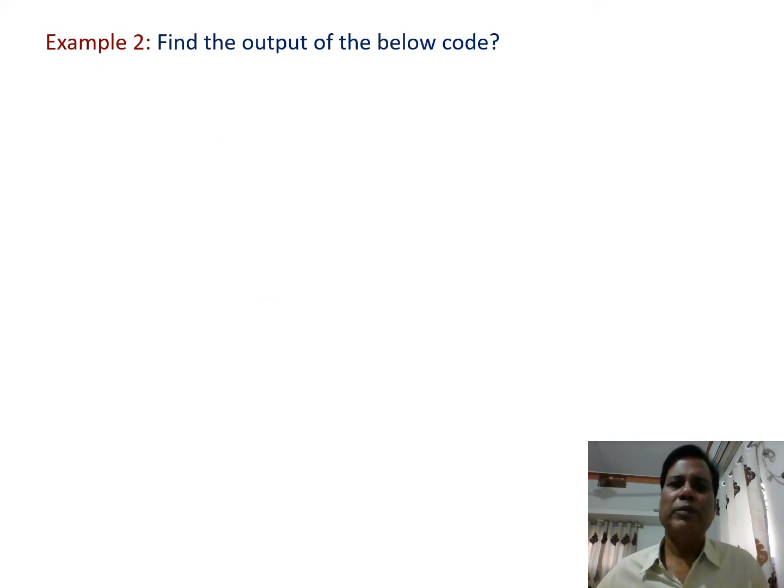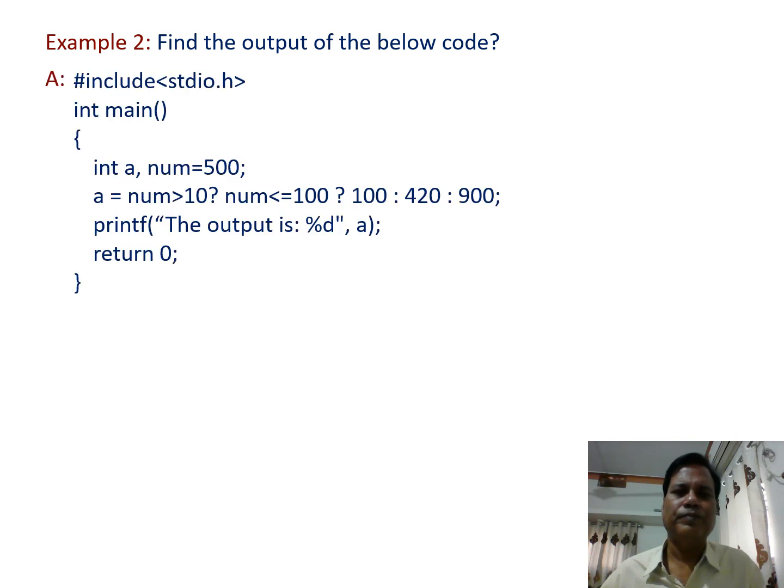In example number 2, we have to find the output of the code below. The code is given here, and in this code a conditional operator in nested form is used. Here a equals num greater than or equal to 10. Num is assigned the value 500, so naturally this condition is true.